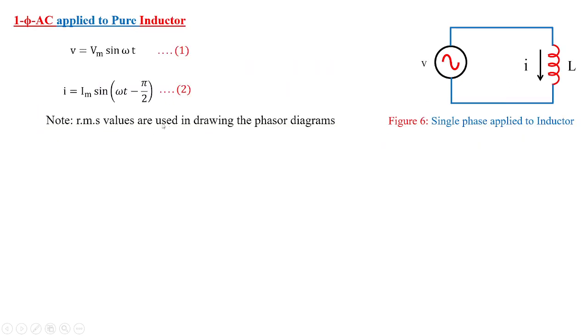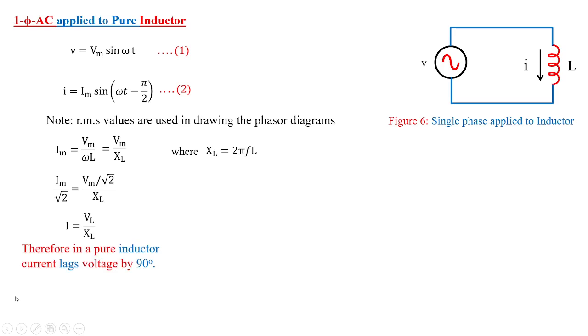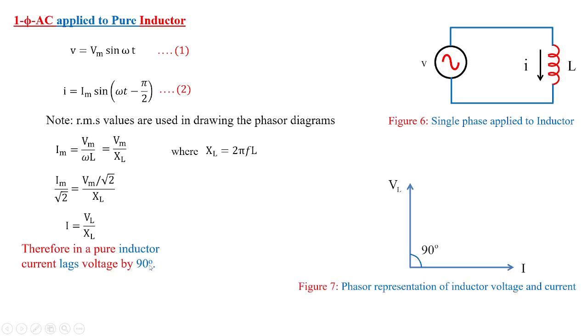The RMS values are used in drawing the phasor diagrams. So we have Im equal to this value, where XL represents omega L and omega is 2 pi f. Reframing the above equation to get the RMS value, we conclude that the current lags voltage in a pure inductor by 90 degrees.